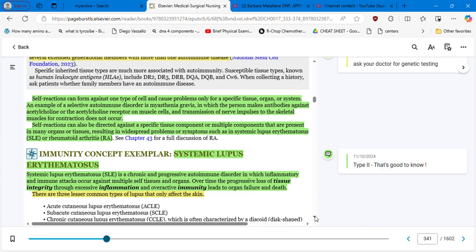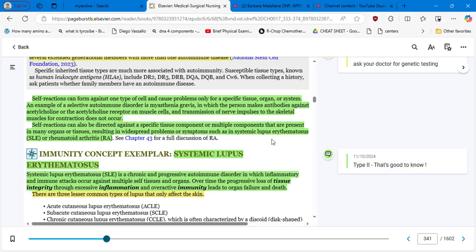I'm going to read that paragraph again because I really want you to understand. Self-reactions can also be directed against a specific tissue component or multiple components. That's why they are complex immune reactions. Okay, this is type 3. The ones they are mentioning in this specific paragraph are type 3 reactions, right?